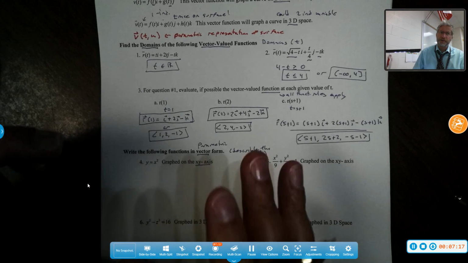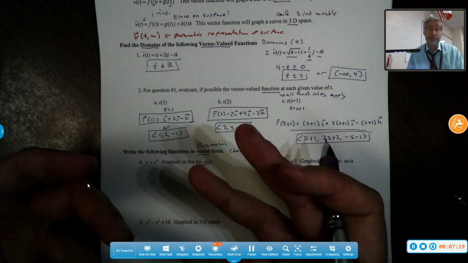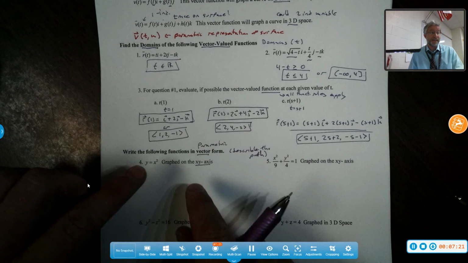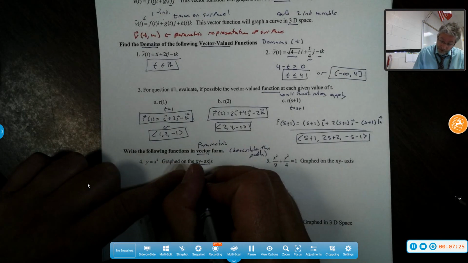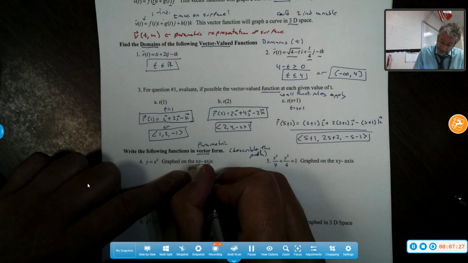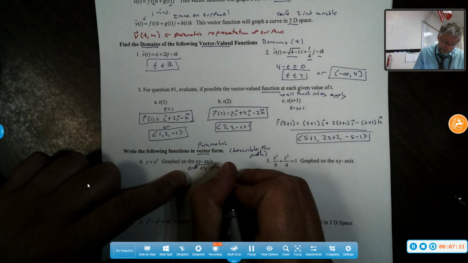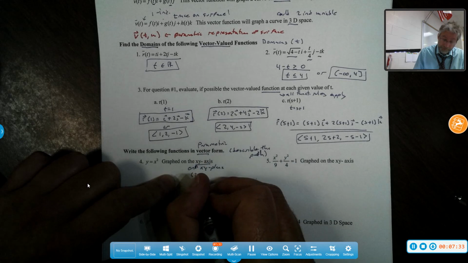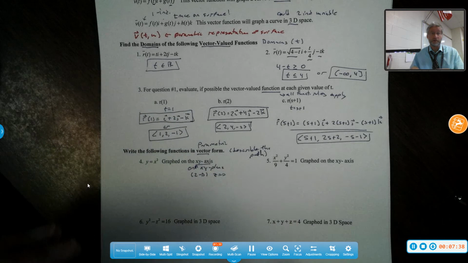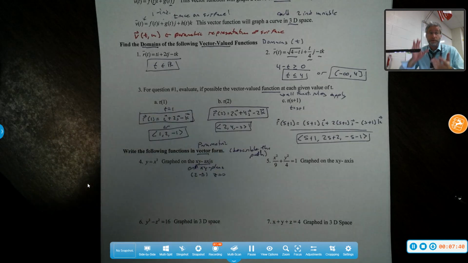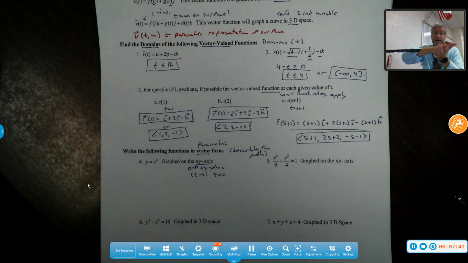Now notice, this is not a three-dimensional surface because they are specifically telling us this is on the xy axis. So this is only on the xy plane. In other words, this is going to be two-dimensional, and if it's two-dimensional, z is 0, so we don't have to worry about the z coordinate.